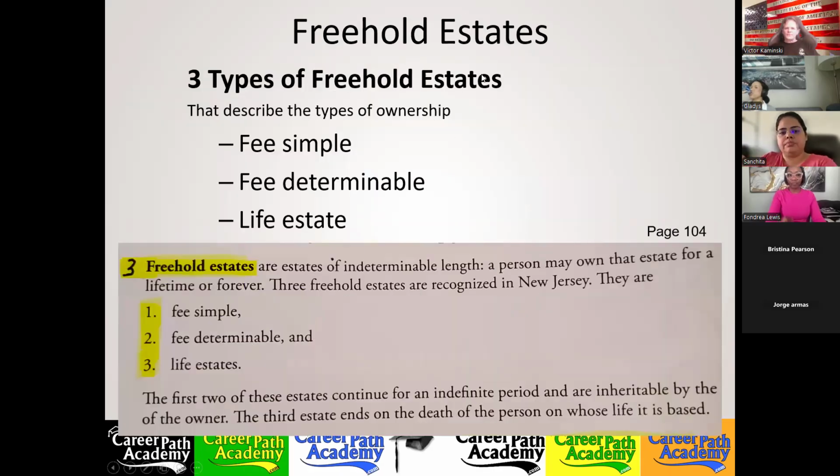And there's three types of freehold estates: fee simple, fee determinable, and a life estate. So let's highlight here freehold estates and then write the number 3 before that, because there are 3 types of freehold estates. And then we could just highlight straight down fee simple, fee determinable, and life estate.